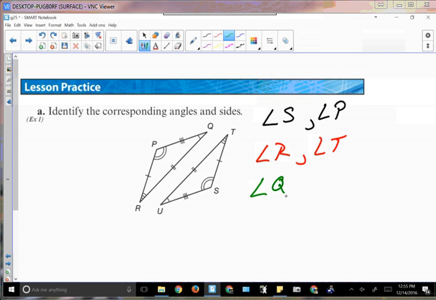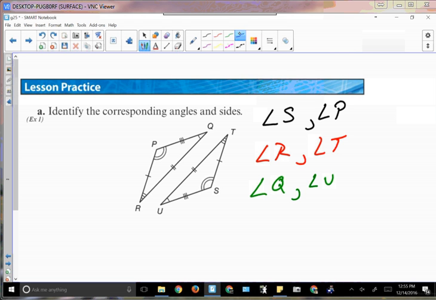Yeah, I know, but you didn't say angle, so I can't assume that that's what you meant. Angle Q goes to what? We have to make sure we take the time to put things down properly.